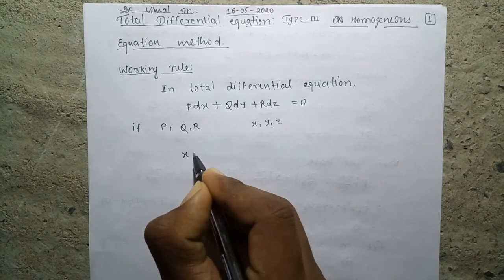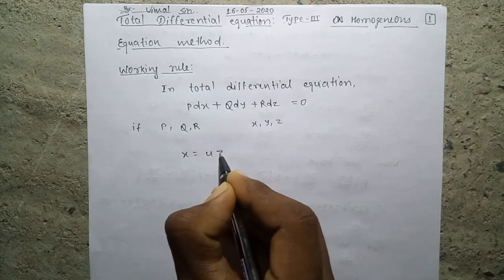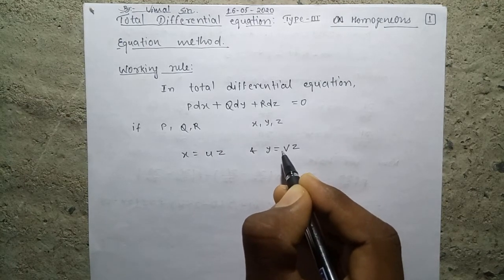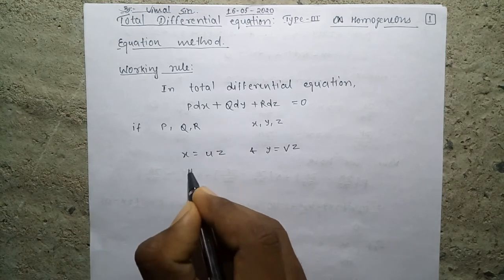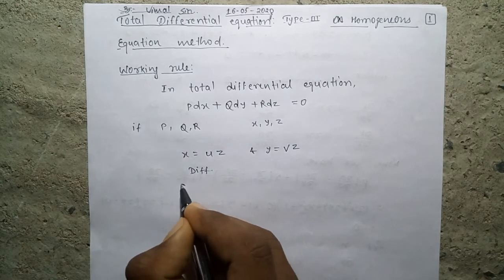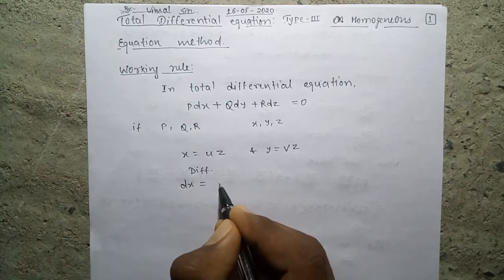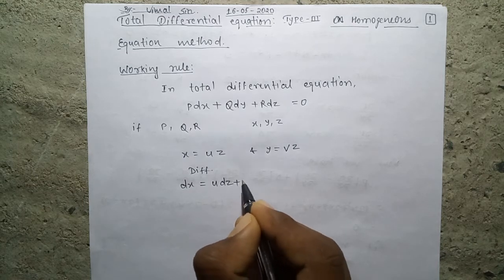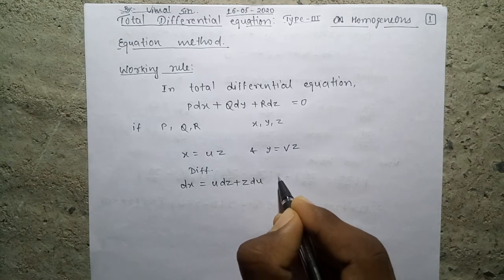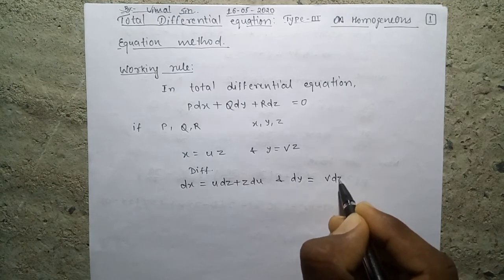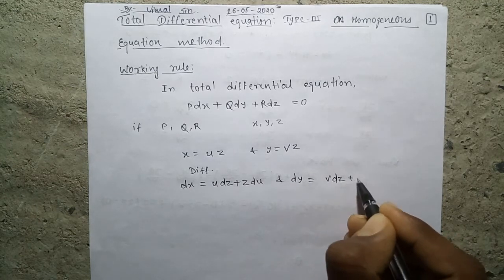Put x is equal to uz and y equal to vz. Differentiate: dx is equal to u dz plus z du and dy is equal to v dz plus z dv.